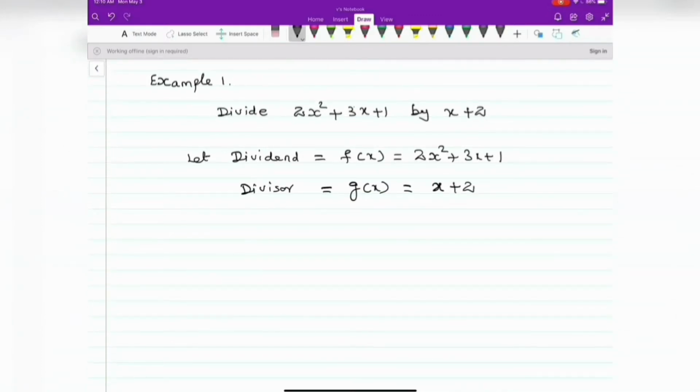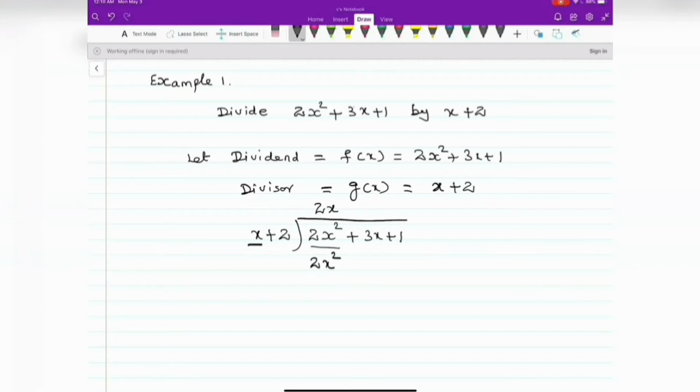Now what will happen? 2x square plus 3x plus 1. You are going to divide it by x plus 2. If you see the first term, you want 2x squared. But in the divisor, you are having only x. That means you have to multiply this x by 2x. Only then you will get over here 2x squared.